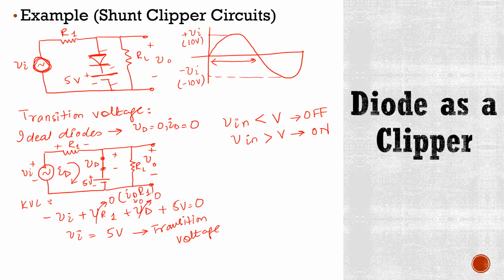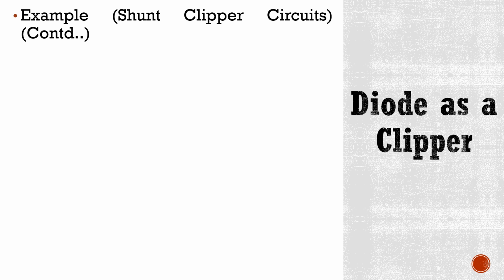So if the input supply voltage is less than this V, the diode will be off because the battery will affect the diode more, and when the input supply voltage is greater than this V, the diode will be on. Okay, so this is your transition voltage in this case. We know that here our circuit looks like this.